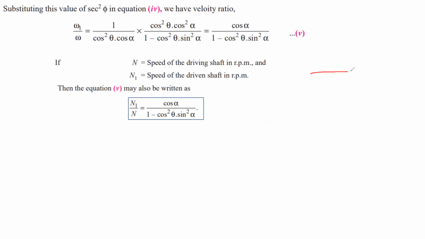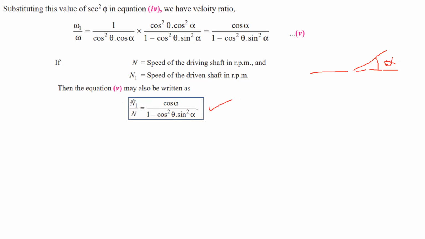So two inclined shafts you are going to join, right? What is the inclination between them? That is nothing but angle alpha. So far we have derived this formula.